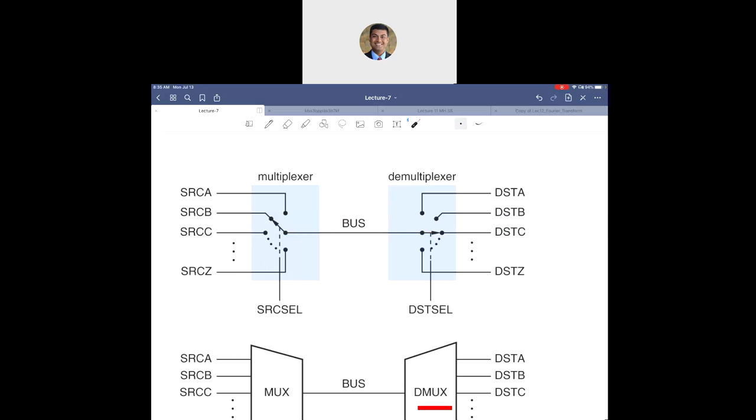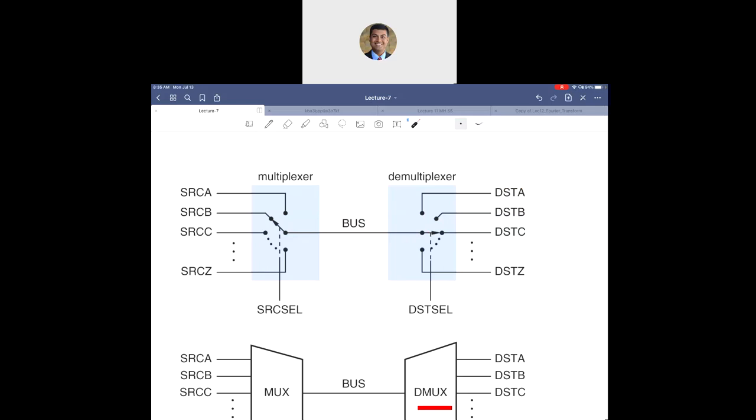And then if that needs to go to a destination, one of the 26 destinations, then you have a destination select. So you could go from any to any by selecting the source select and the destination select lines. You guys see that? So many to one, one to many. So you can use this as selection and distribution of data.